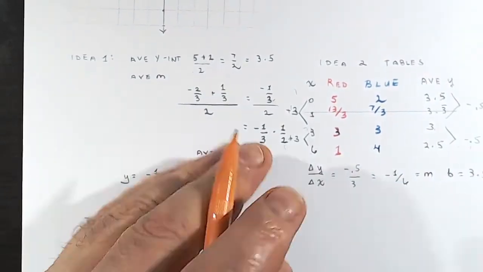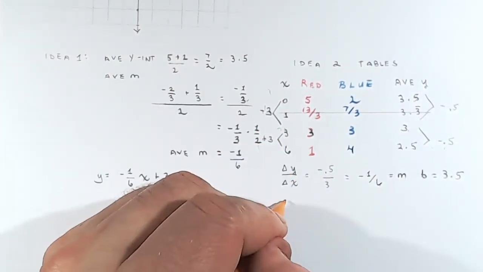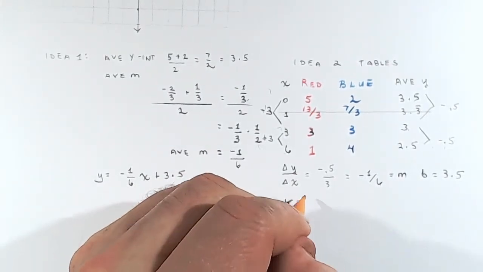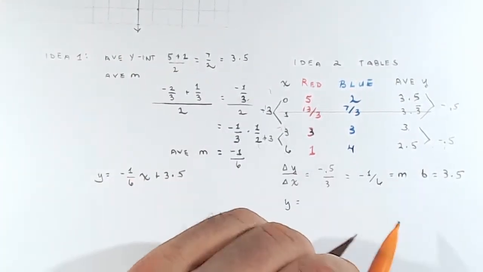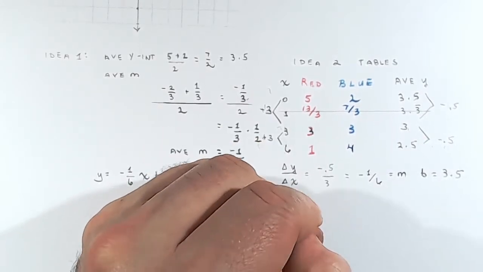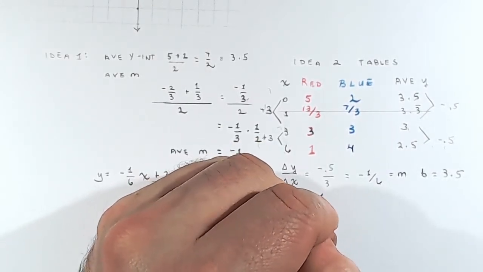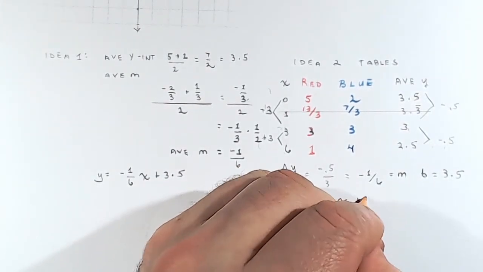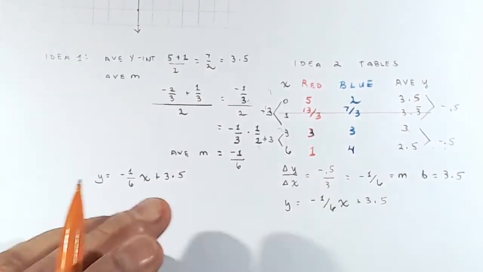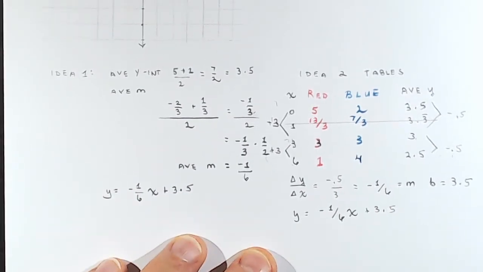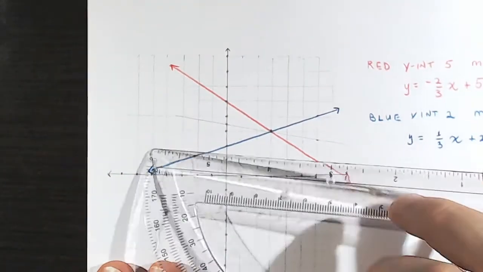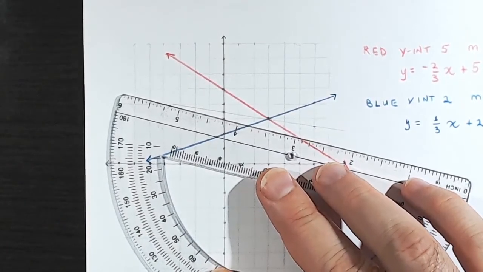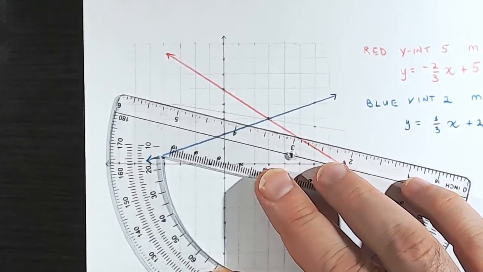So look at that. By the table and by the averaging of the slope and the y-intercepts, I get the same equation, negative 1/6x plus 3.5. So now I feel more comfortable going back here and graphing it in. We'll do this with orange.